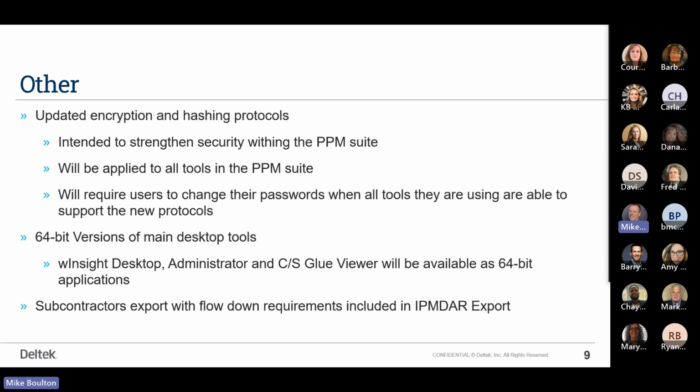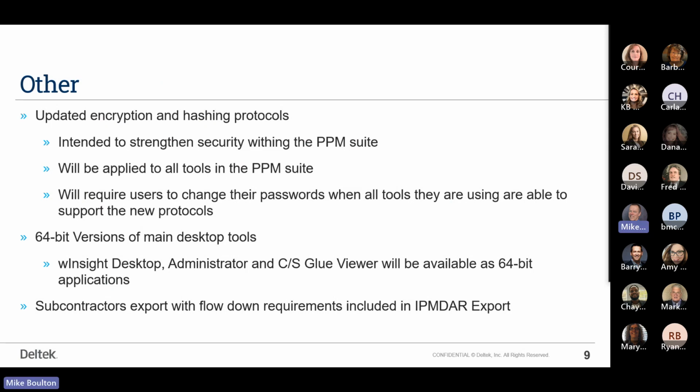It won't happen until you install 8.5 of Cobra. At that point, both Cobra and wInsight users will have to change passwords and move to the new encryption protocol. And things like data sources .dat, etc., will also be re-encrypted.